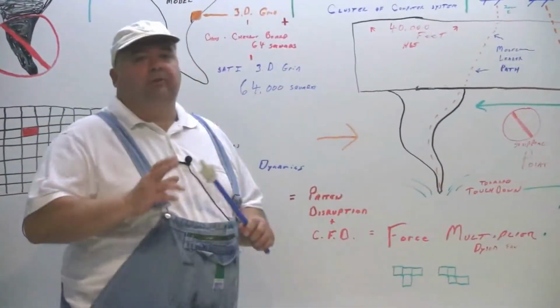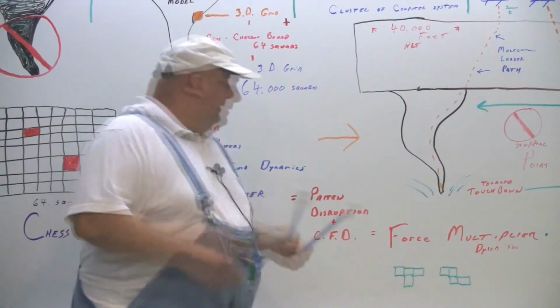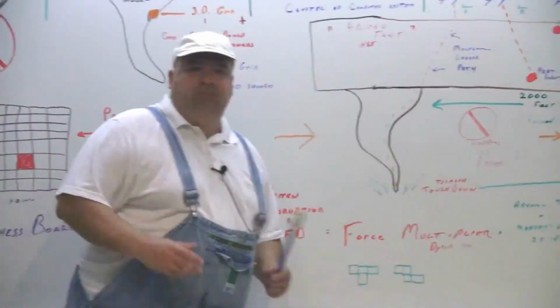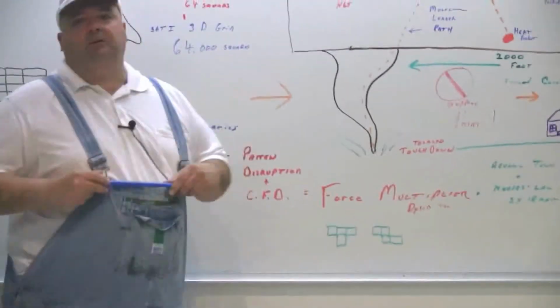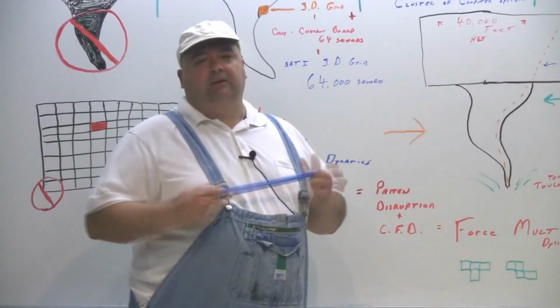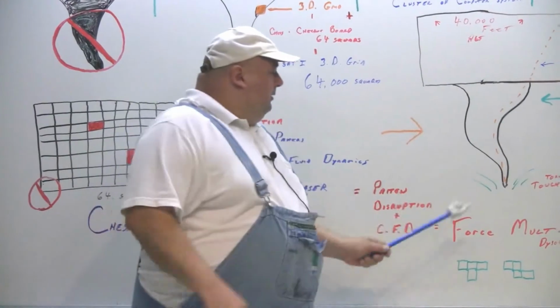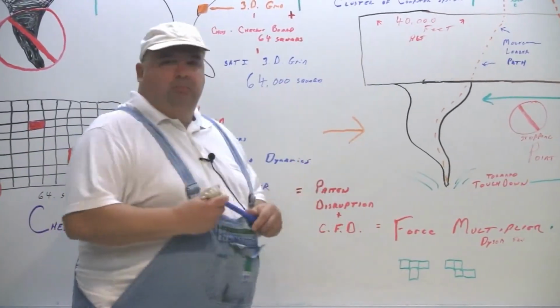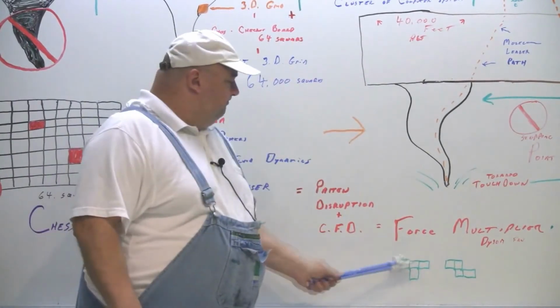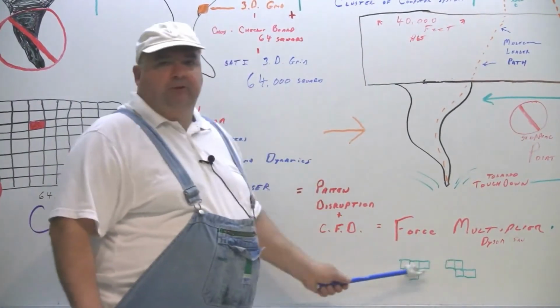With the combination of those, think of a Dyson fan, the new fans that have come out. They have a force multiplier, the way they manipulate air. It's very, very impressive. But that's another thing that I came up with before I presented this, and I'll go into different patterns later on.